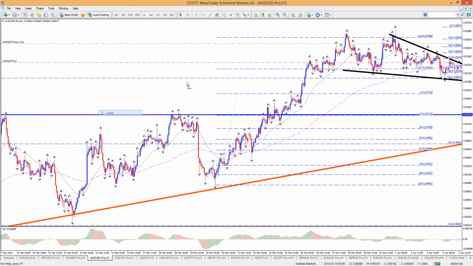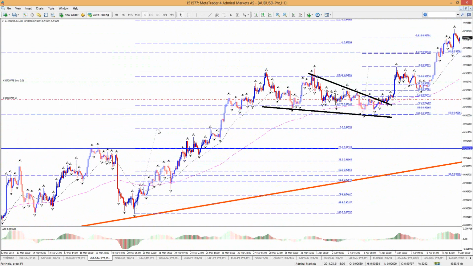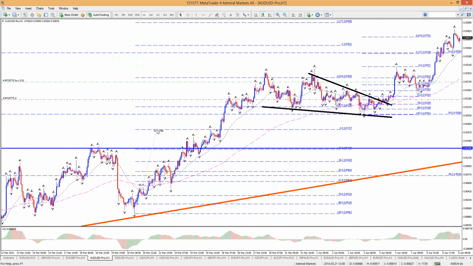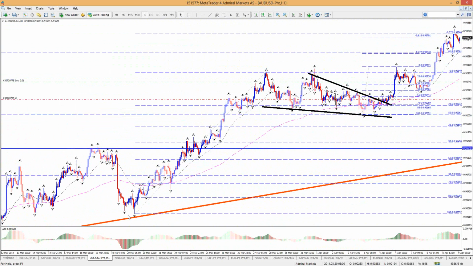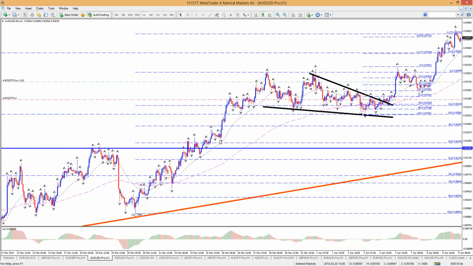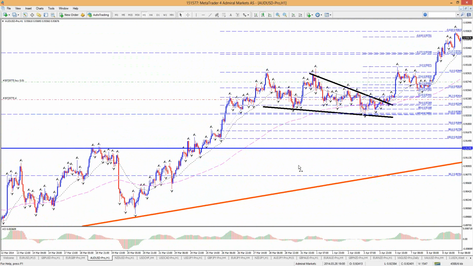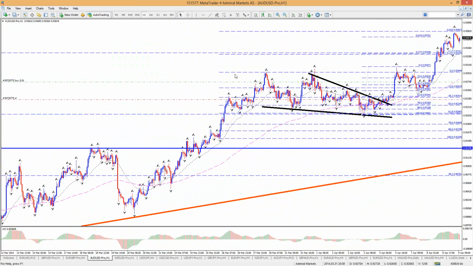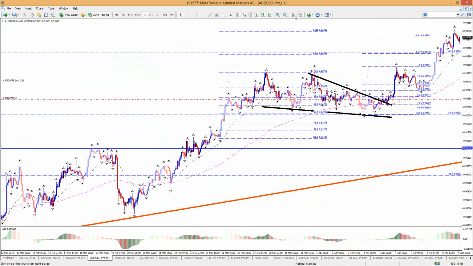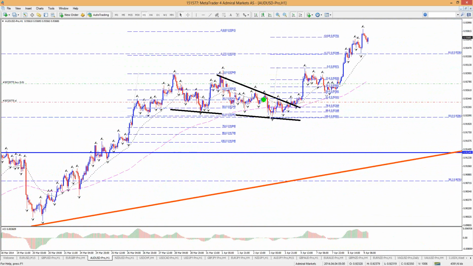Let's move over and start adjusting this fib to the new top, which is here, and the new bottom is actually here. That will be the new fib on this hourly on the AUDUSD. And we see price going to the 61.8 and then hitting the minus 618 target here recently.